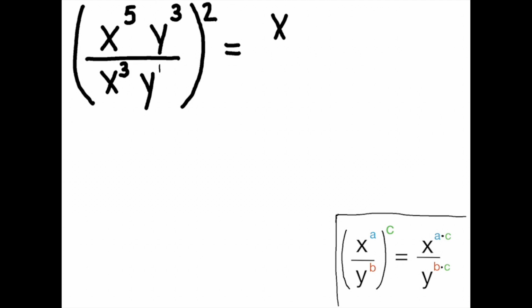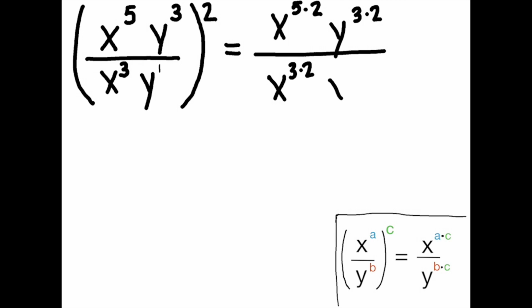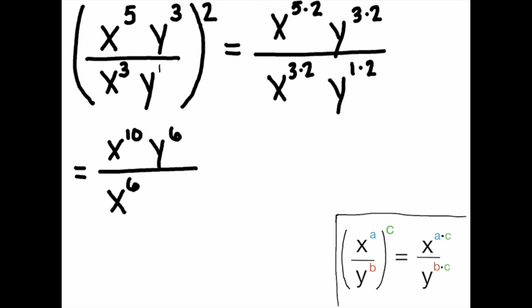I've got x to the 5th times 2, y to the 3rd times 2, over x to the 3rd times 2, y to the 1st times 2. I'm going to simplify that down here, so that means I have x to the 10th, y to the 6th, all over x to the 6th, y to the 2nd.